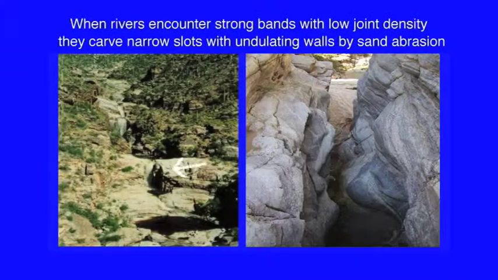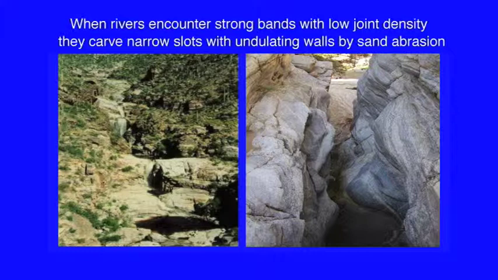We have to carve through that rock somehow. And there are a couple of mechanisms that rivers use to carve through bedrock. When it encounters a strong zone, like this very strong band, then there's really only one mechanism it can use. It uses abrasion by sand.